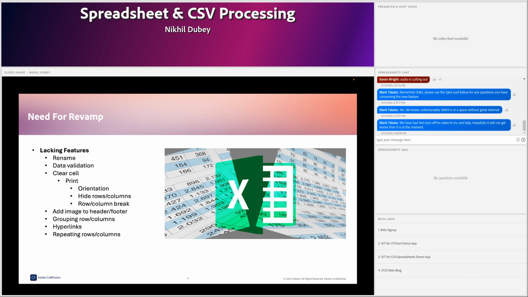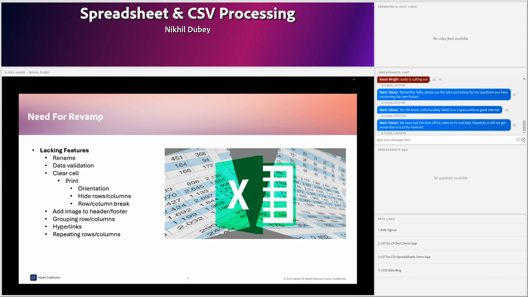Another reason was lacking features. So we lacked key features like adding hyperlinks, or for that matter data validation. So you cannot put data validation right now with Cold Fusion. Even clearing cells, which is one of the basic functionalities, was missing.